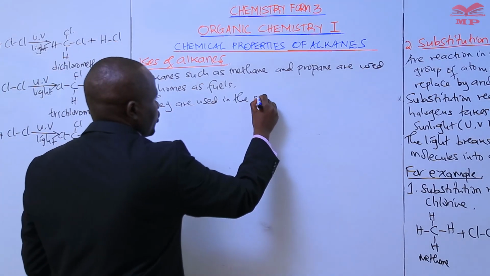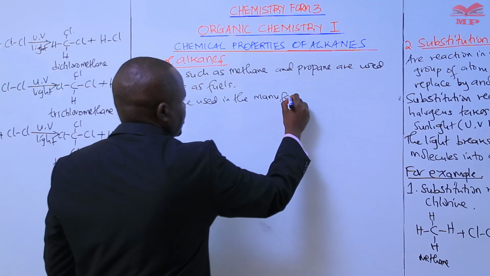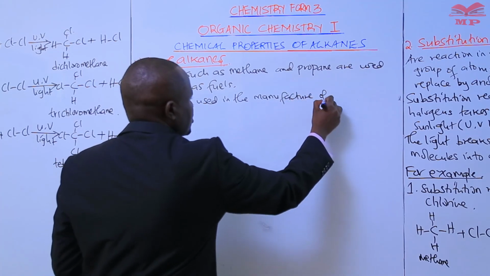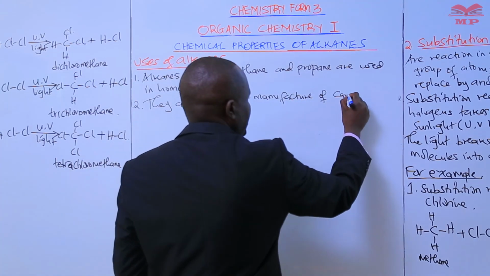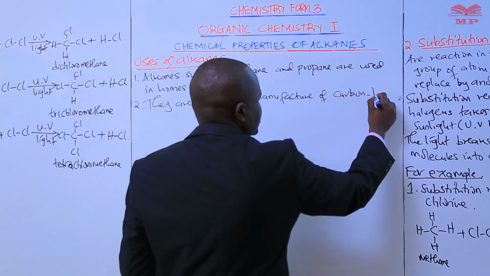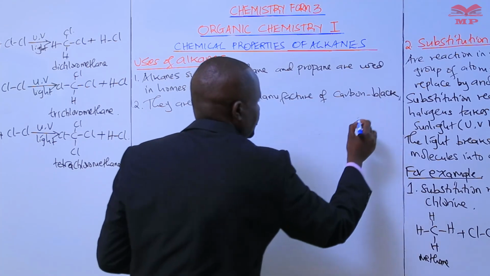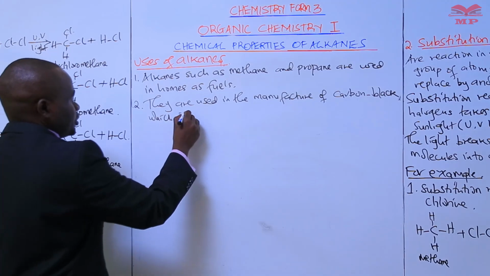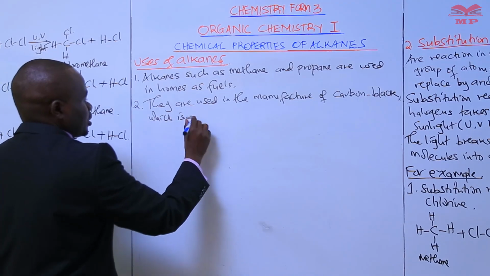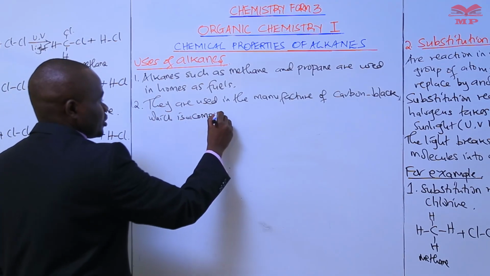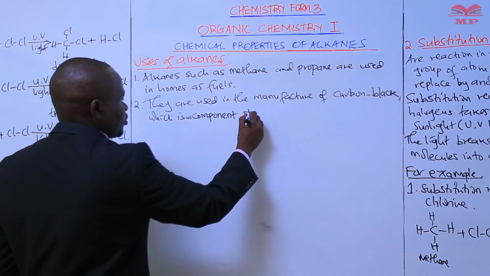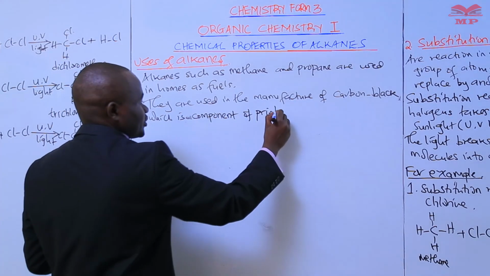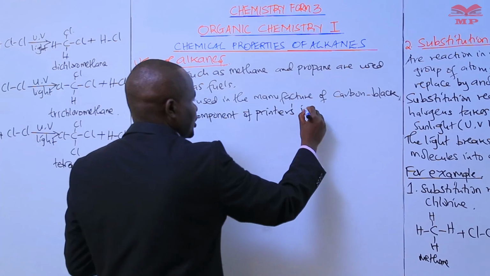Use number 2 is that they are used in the manufacture of carbon black. We have a compound called carbon black, which is a component of printer's ink.